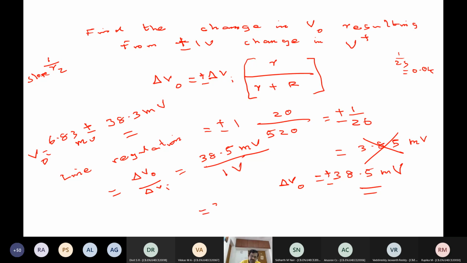So the unit for that line regulation will be 38.5 millivolt per volt. You have to understand, don't cancel these units, that tells you the definition of line regulation with respect to the input voltage.